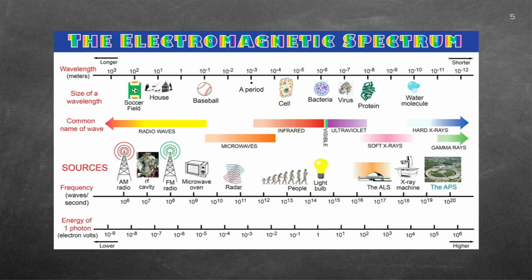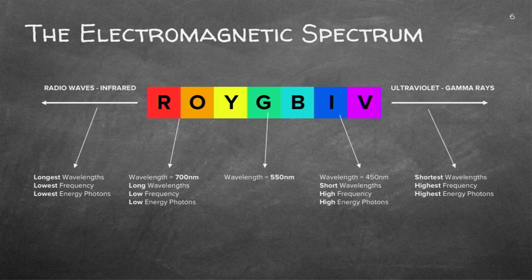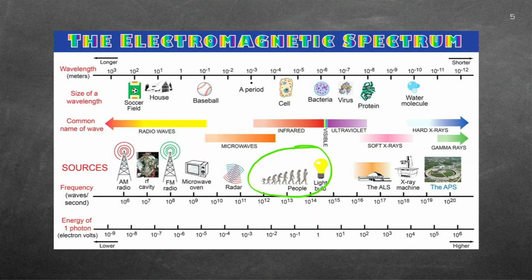So, we've got light in the whole electromagnetic spectrum. We only see this little portion here, which is visible light. It goes from red, can you see the red there, to violet there. The violet has the highest frequency and the red has the lowest frequency. But that's only a small portion of the entire electromagnetic spectrum.